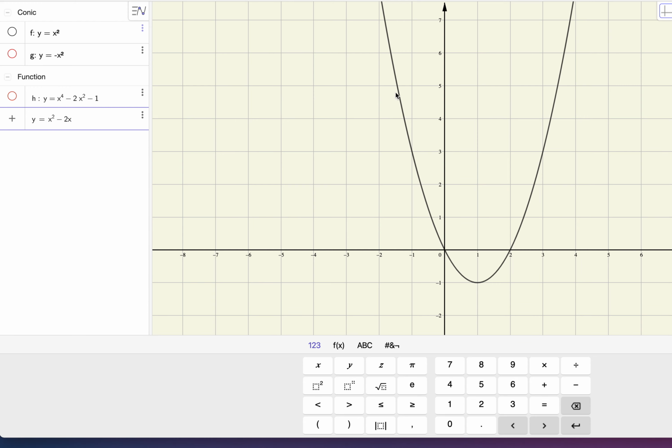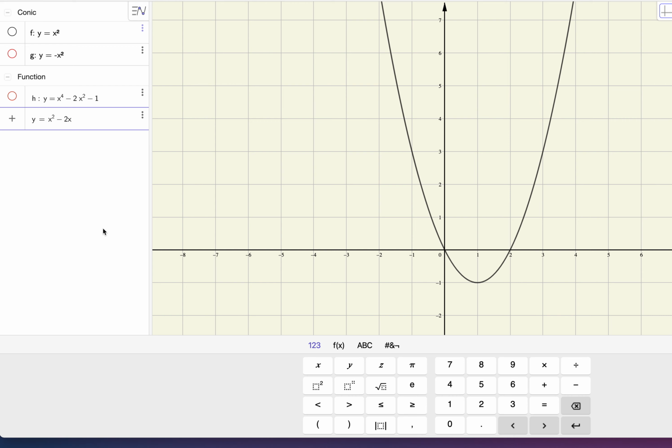And then, do you think that this parabola has a minimum or a maximum? Just talk to me. Do you think that this parabola has a maximum or minimum? I think it has a minimum. It has a minimum. And what is the minimum value?